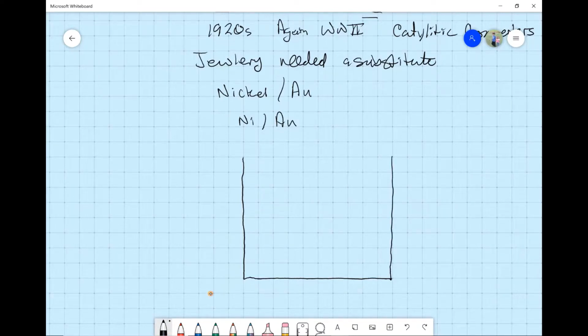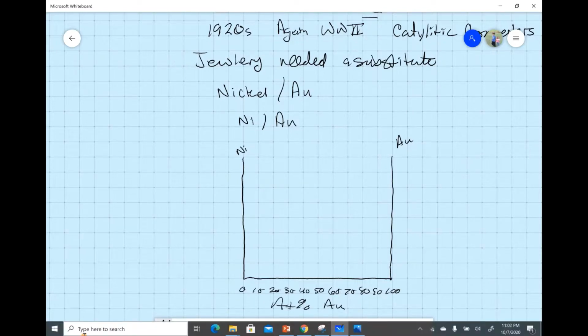And we can just say 0, 10, 20, 30, 40, 50, 60, 70, 80, 90, and 100. So this would be weight percent, or atomic percent. In this case, we can plot nickel and gold. So this is atomic percent gold. Gold here, nickel here. And this is going to be lattice parameter.